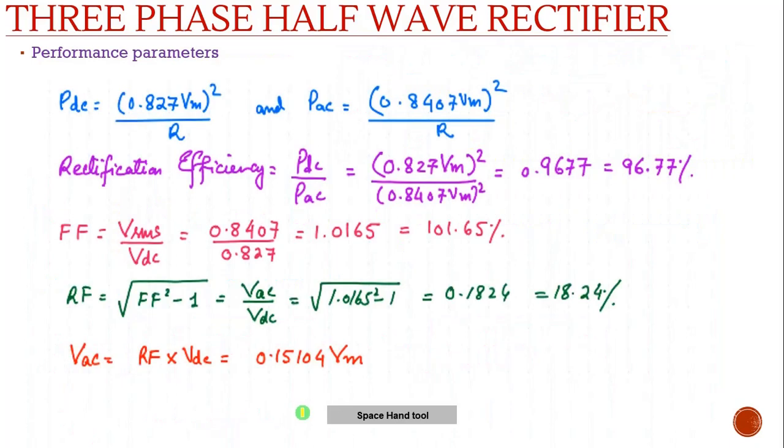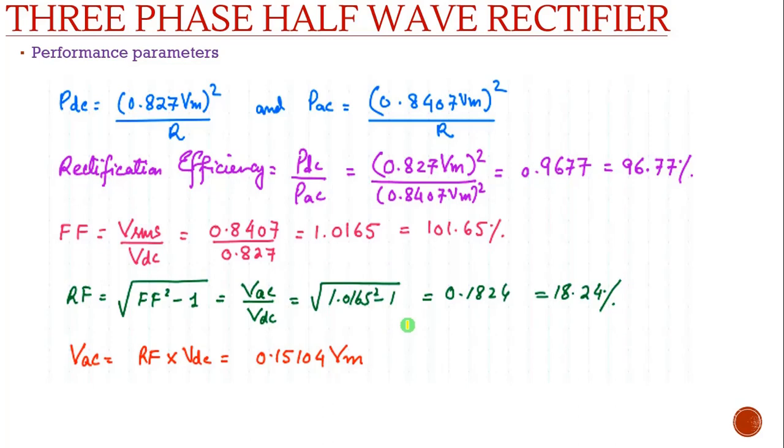Now coming to the performance parameters, the rectification efficiency will be around 96.77% when compared to the single phase configuration. It has again improved. The ripple factor is around 18.24, only 18.24 ripple content is there in this circuit, and we will get VAC equal to ripple factor into VDC, which will be around 0.15104 Vm.